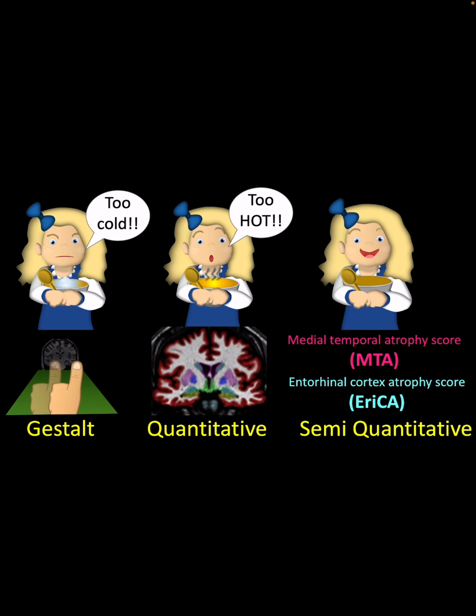A method where you do have data, but you're not using computer automated analysis. And there are two very reproducible semi-quantitative scores that exist. The medial temporal atrophy score to look at the hippocampus, and the entorhinal cortex atrophy score to look at the entorhinal cortex, also called ERICA.